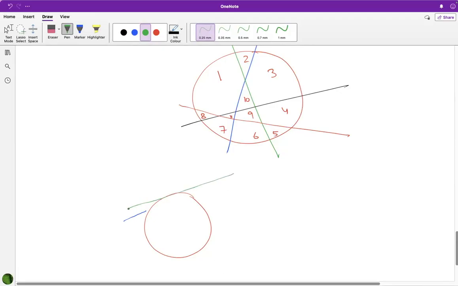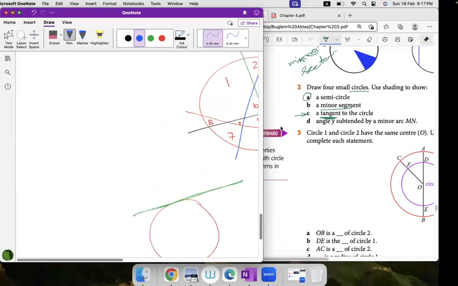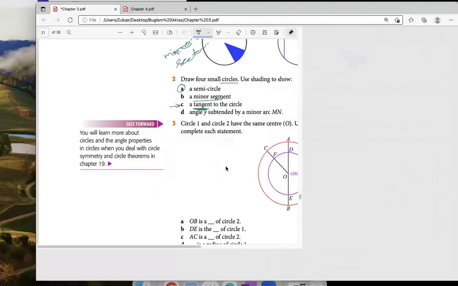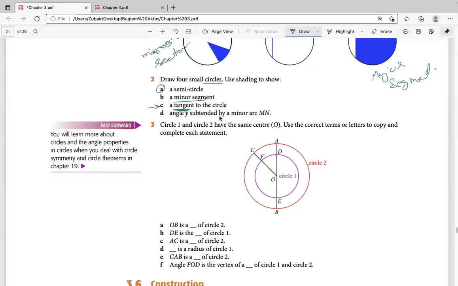Like this, it should not intersect, it should not pass through the circle, it should just touch and leave. That is the tangent. Angle subtended by minor arc.